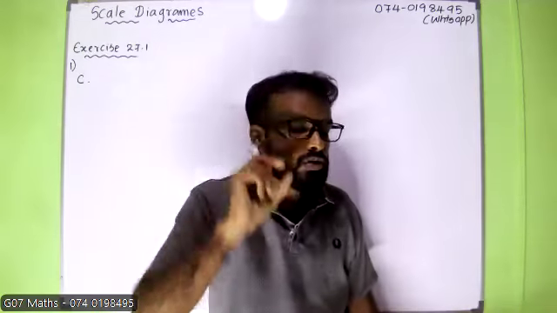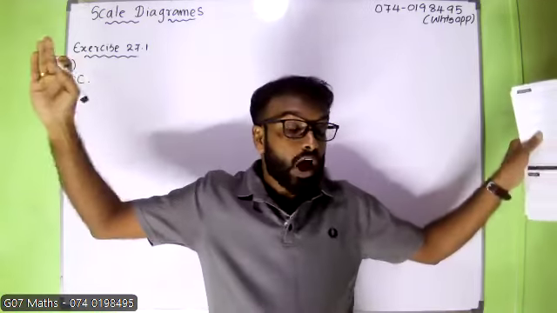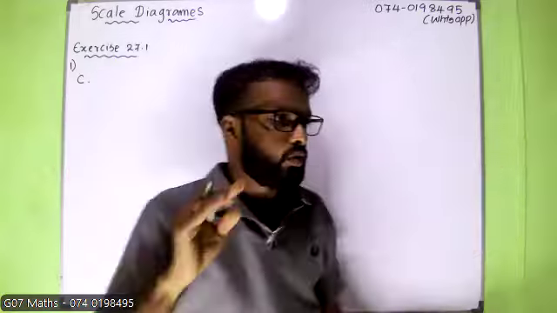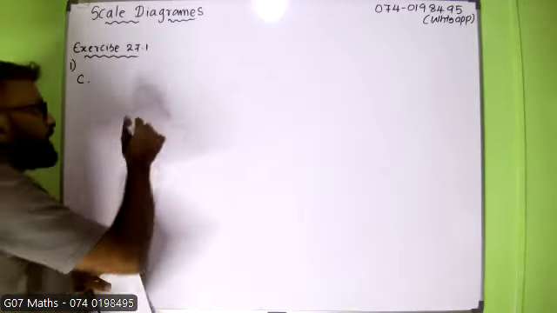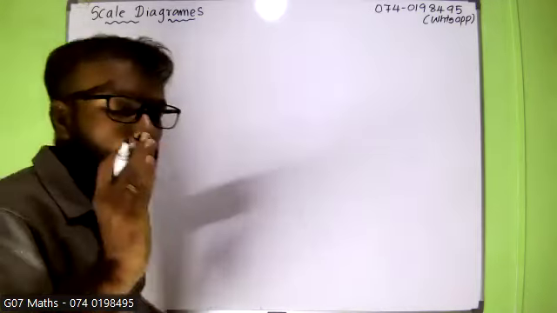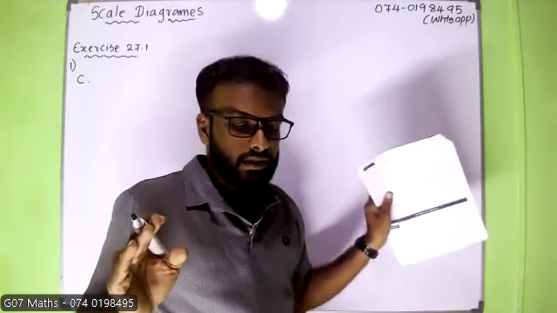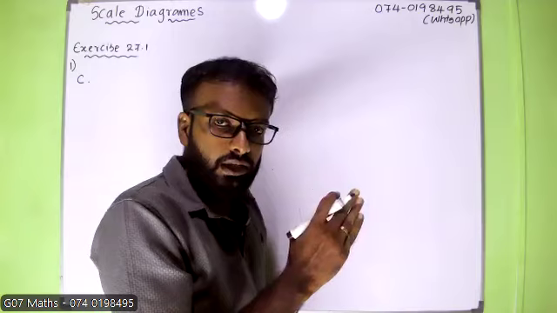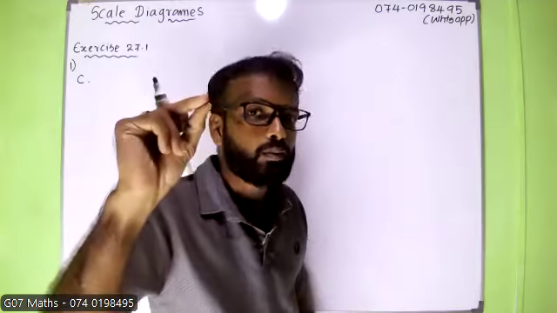But we are using 4 centimeters to represent that big length. So in your left hand side, always you need to write your scale length, and in your right hand side always you need to write your actual length. Keep that in your mind.